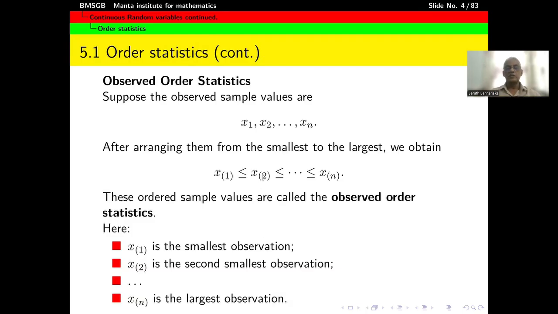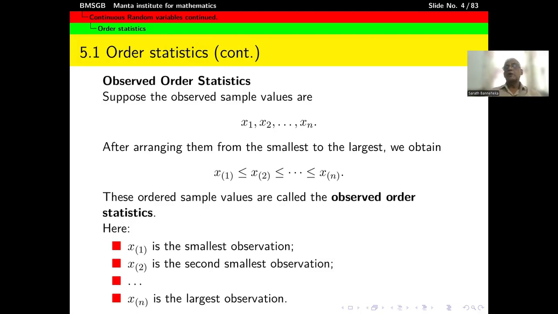This is another statistic because this is a function of x1 up to xn. This is another function. So each is a statistic, right? So collectively they are called order statistics. Right? So x subscript within bracket 1 is the smallest observation and second smallest and so on. Right. So they are called observed order statistics.